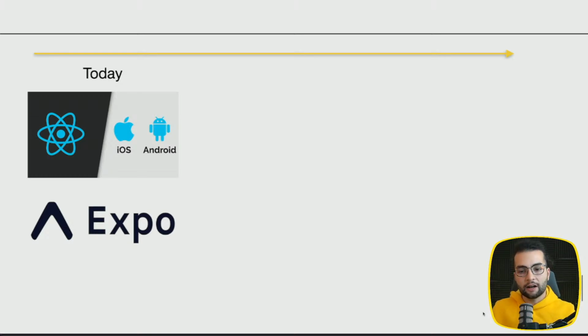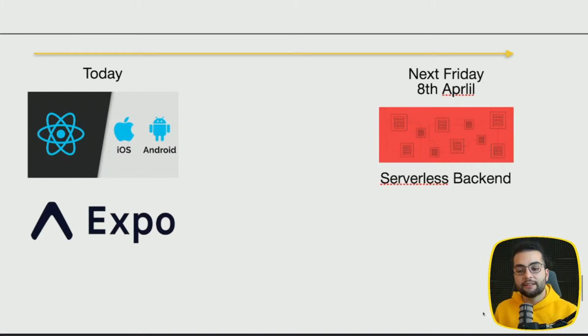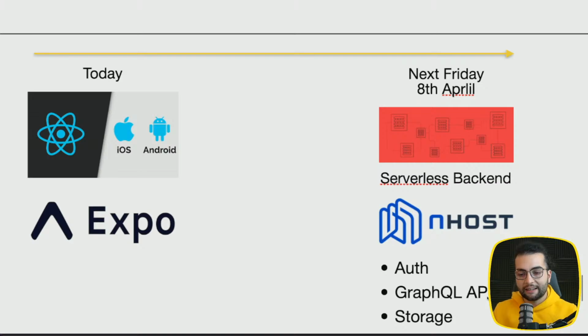Next week, we're gonna get into the backend, and we're gonna implement a serverless backend for our Pinterest application, to make it fully functional, front end and the backend. We're gonna do that using a service called nhost, and using this service, we're going to implement authentication.